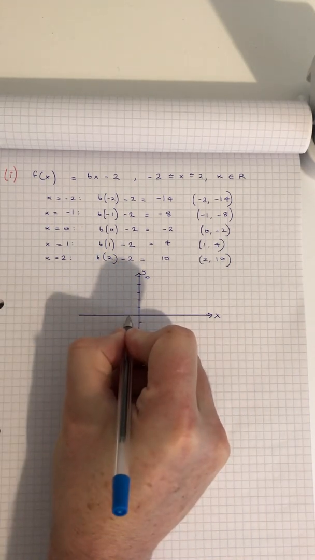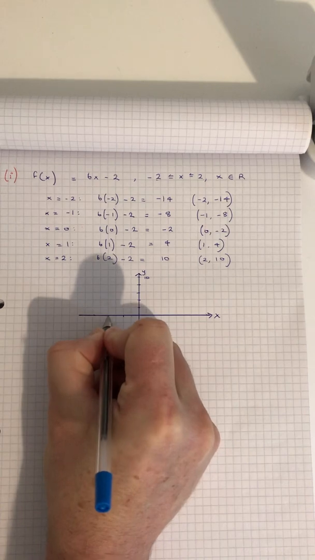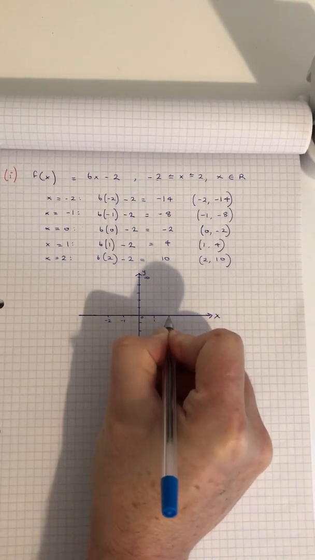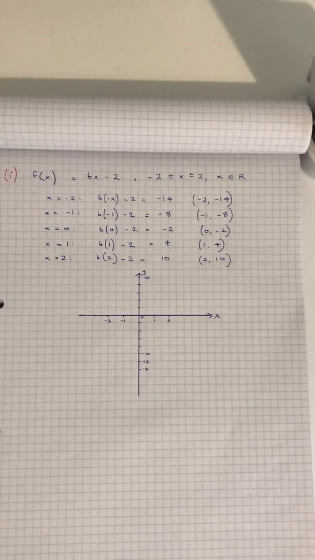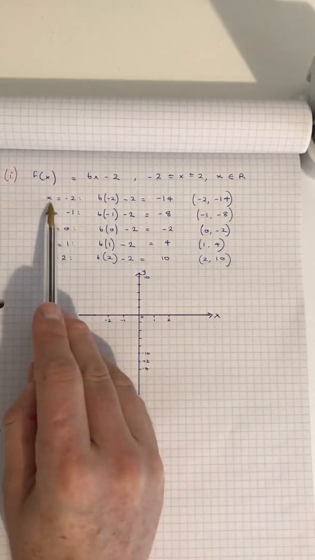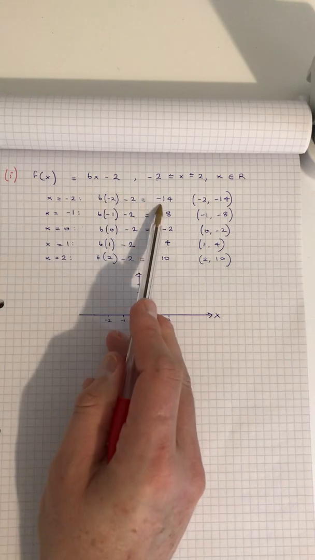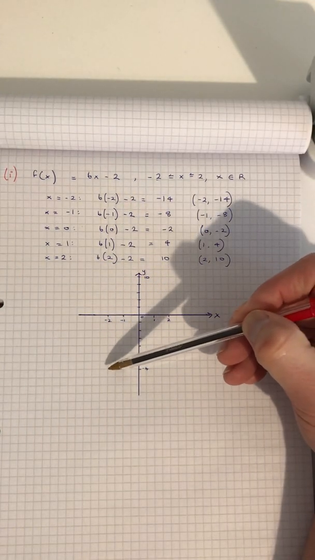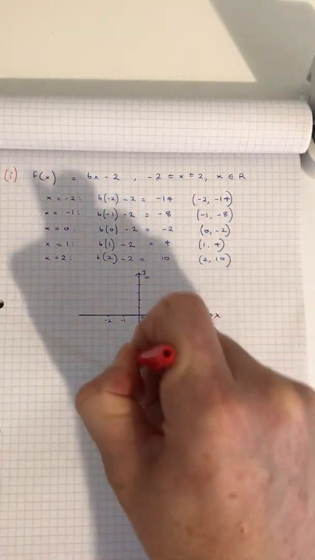And I go across minus 1, minus 2, 0, 1, and 2. So I'm going to plot the points. So the first one is x is minus 2, y is minus 14. So minus 2 down to minus 14 and put a dot.